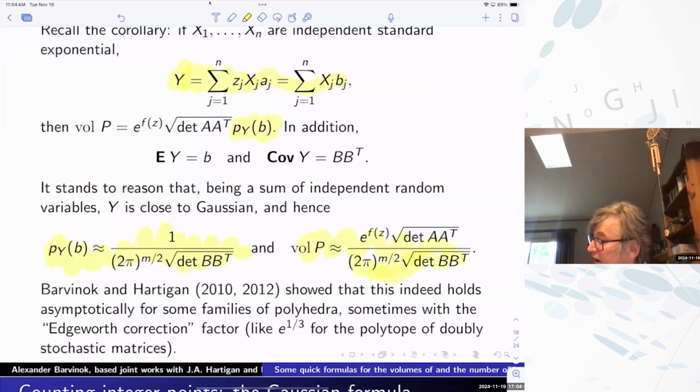And indeed, this formula is much more exact in some cases where we can prove it. In some other cases, we cannot prove that it's exact. And in yet some other cases, I suspect that it's not even true.